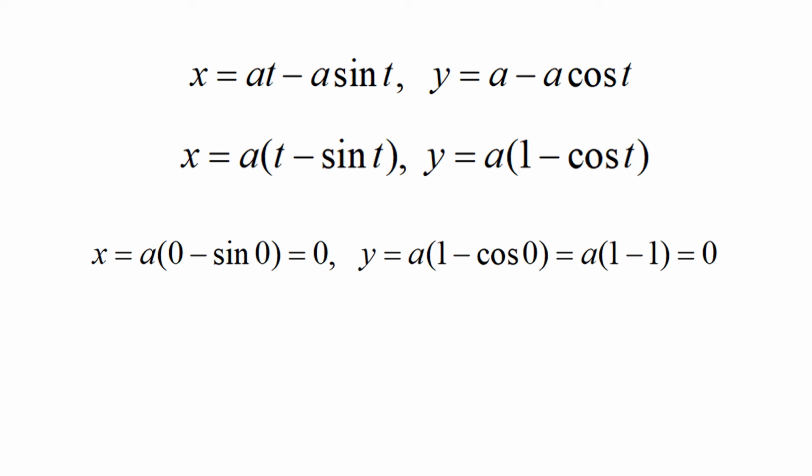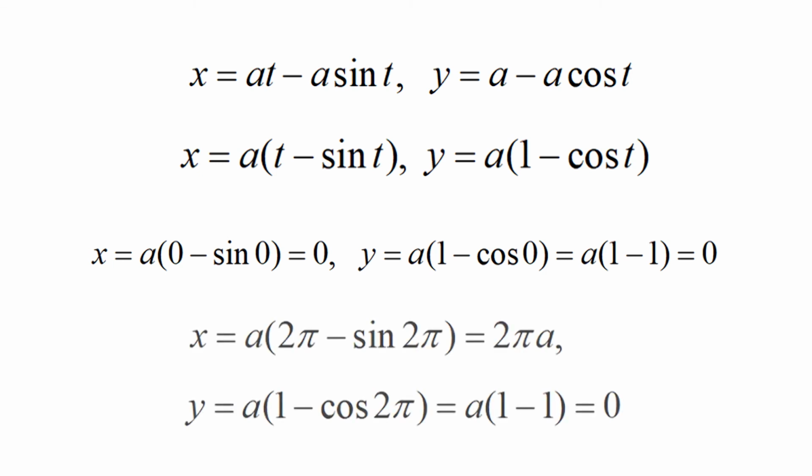When t is equal to 2 pi, the particle on the rim is at the point with the Cartesian coordinates x equal to a times (2 pi minus sin 2 pi), which is equal to 2 pi a, and y equal to a times (1 minus cos 2 pi), which is equal to a into (1 minus 1), which is equal to 0.